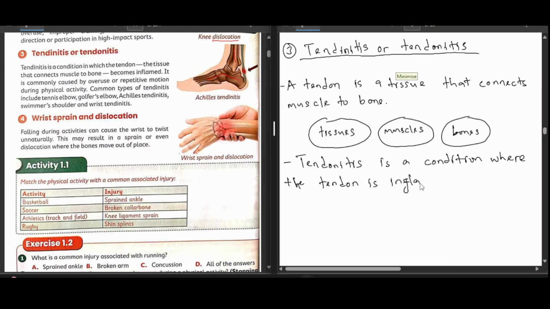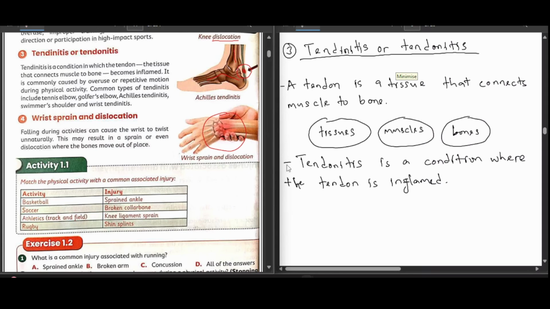And inflammation, in the graphs or pictures, we show it with this color red. This represents pain, to inflame, in simpler terms, heat. So you see this place is hot and painful.